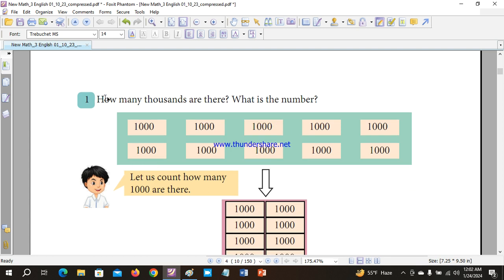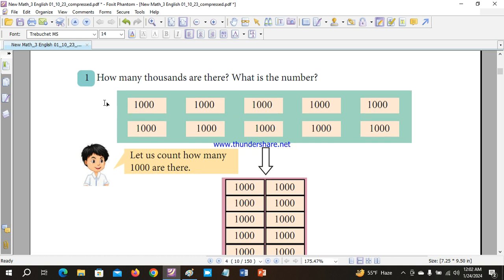Now another question: how many thousands are there? What is the number? Count it with me. 1 2 3 4 5 6 7 8 9 10. 10 thousands here.